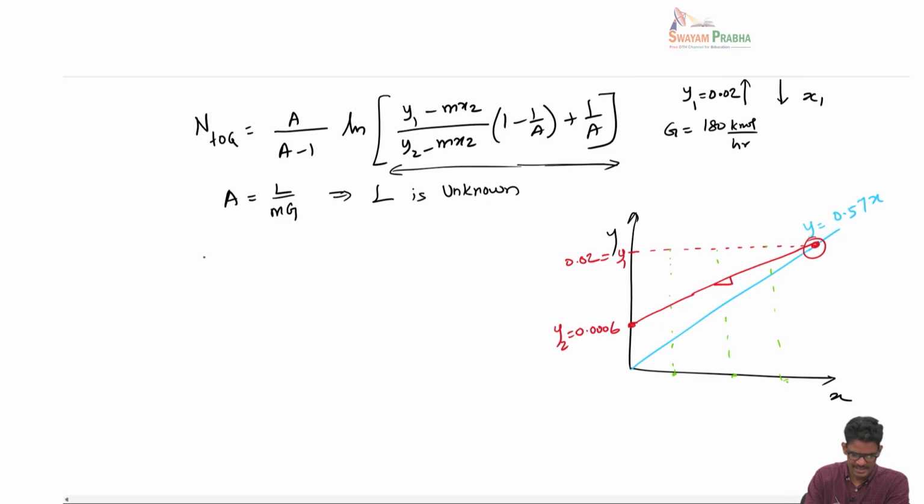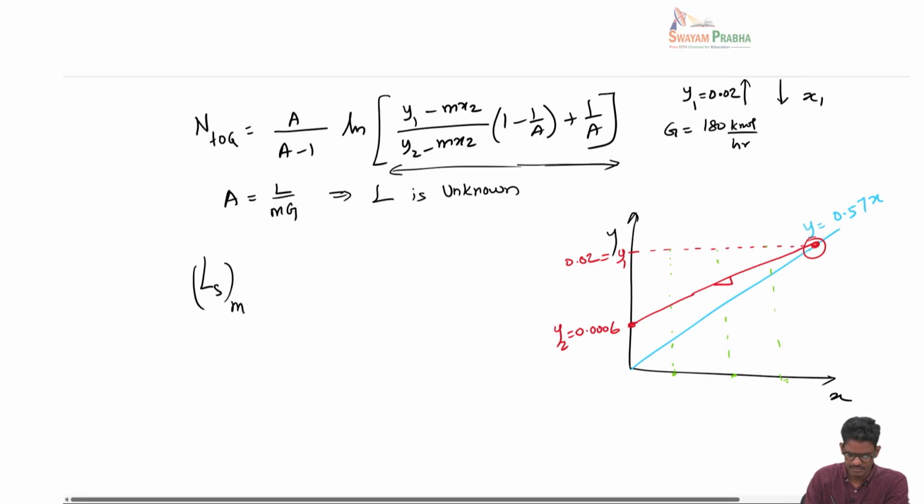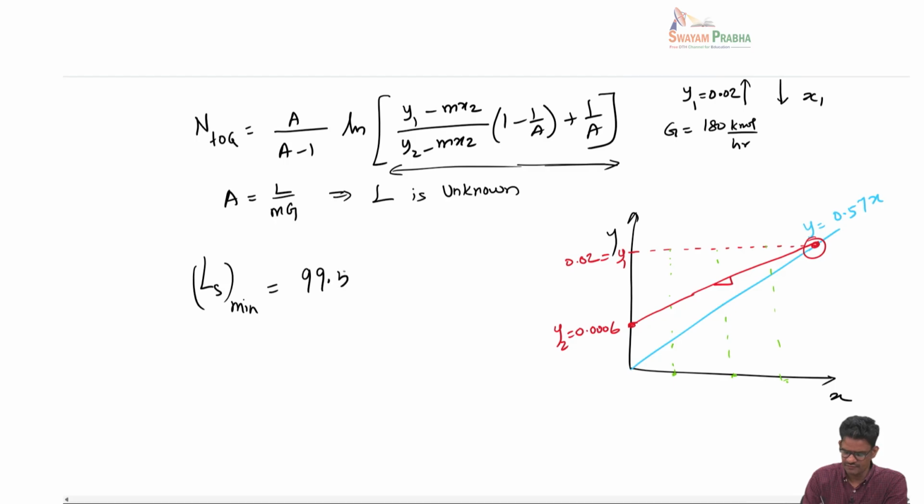And LS minimum is actually straightforward for you, right? You have already done how to calculate LS minimum. So I will directly give the results, but you can do a mass balance and find this out. So you will see the LS minimum comes out to be something like 99.5 kilomole per hour.